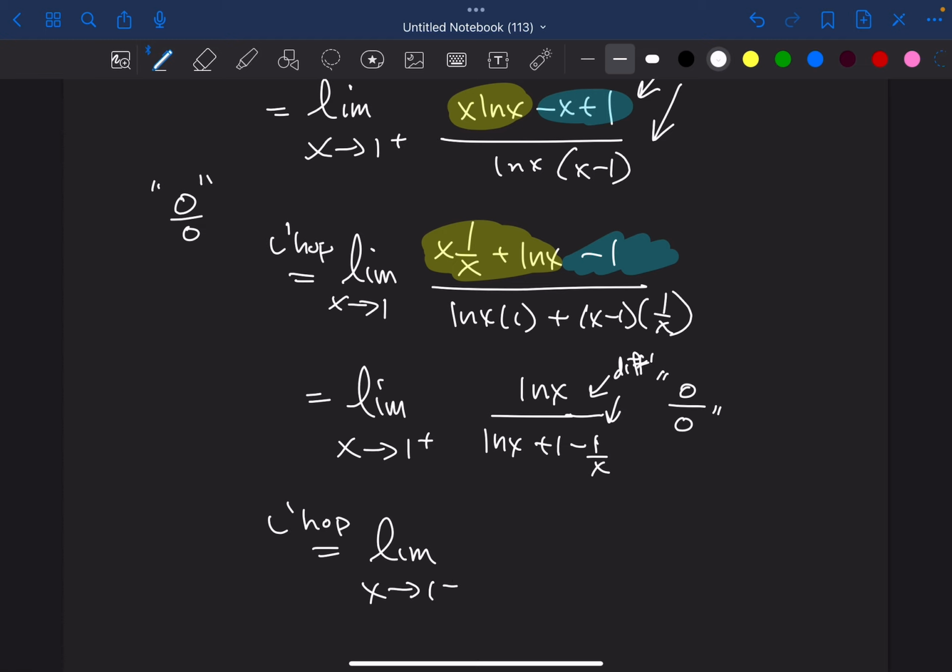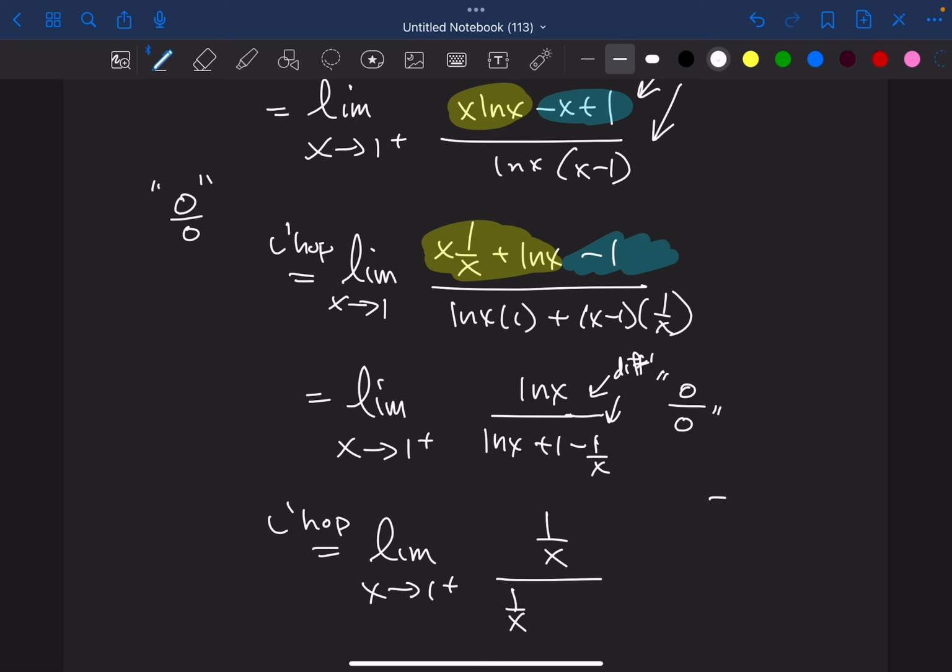So as x goes to 1 from the right, I get 1 over x, but don't forget this. If I take the derivative of the top, the derivative of ln x just becomes 1 over x. The derivative of this is 0.